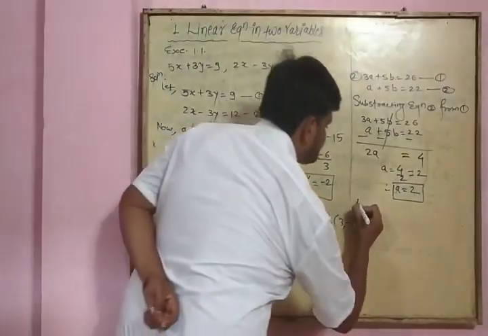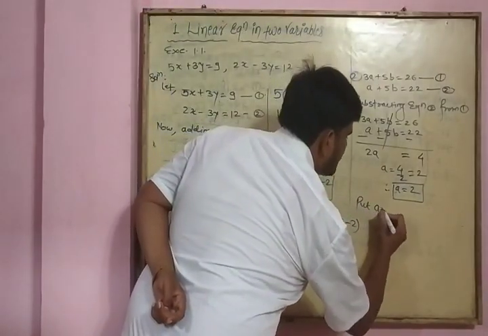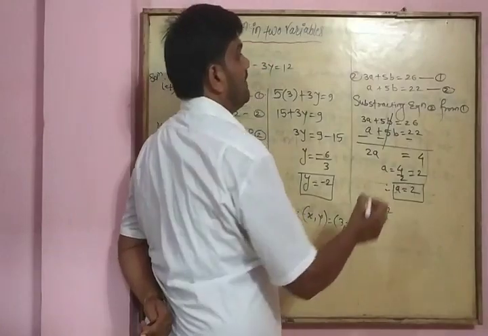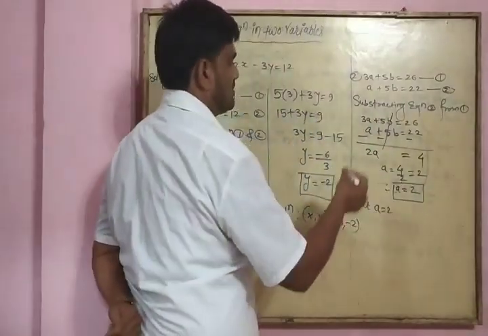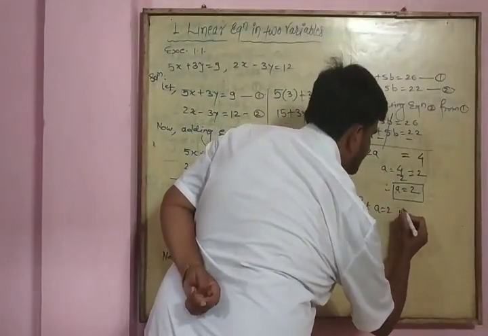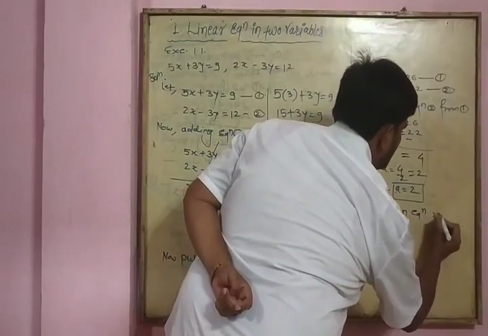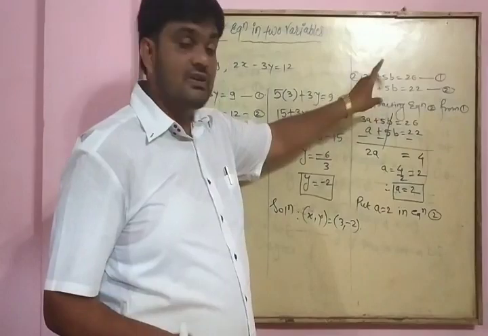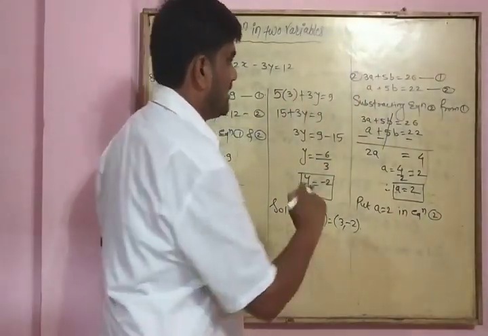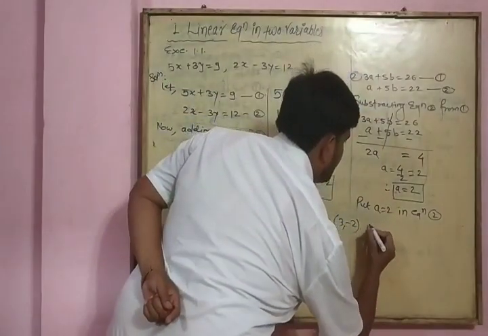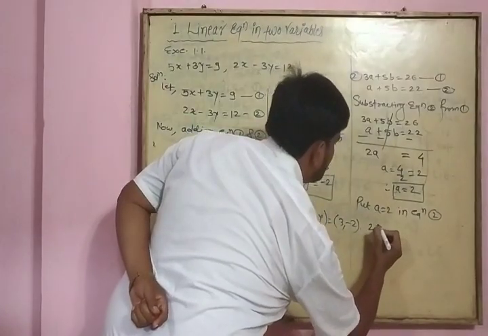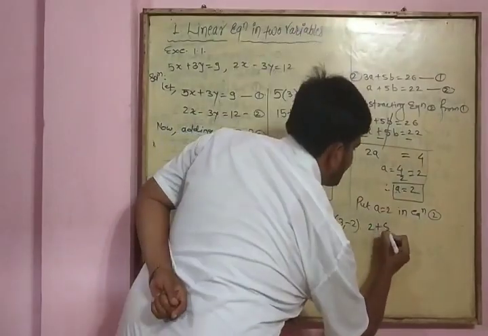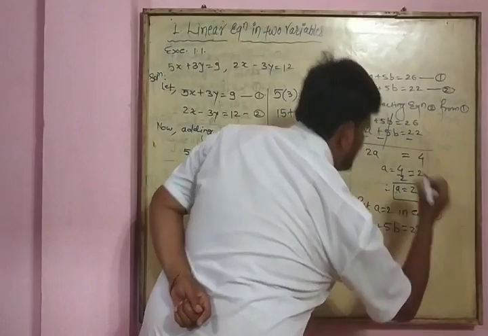Now put a equal to 2, the value of a, in any of the equations. I will put it in equation 2. You can put this value in equation 1 also. See here, 2 plus 5b equal to 22.